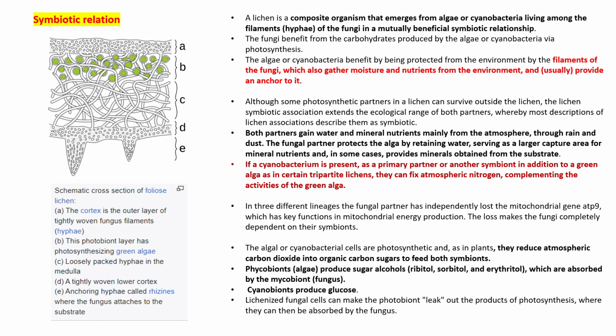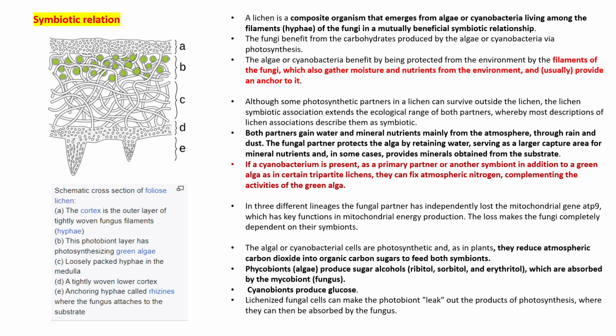So by now, if you have to tell in a nutshell, we learned that lichen is not a single organism. It is an organism which has two parts. One can be a fungus, which is called the mycobiont, and another can be a cyanobacteria or an algae, which is called photobiont or phycobiont.